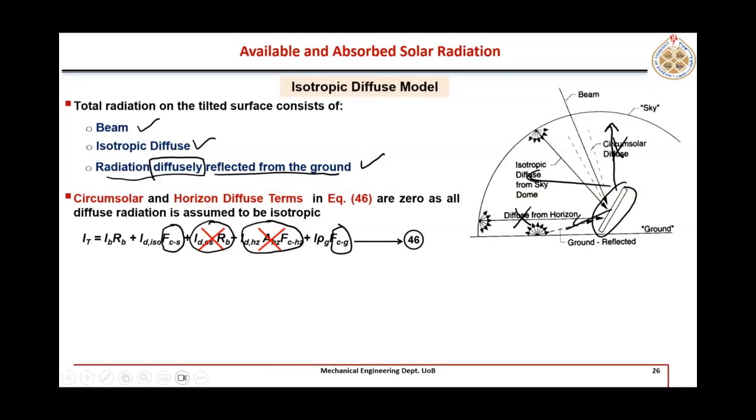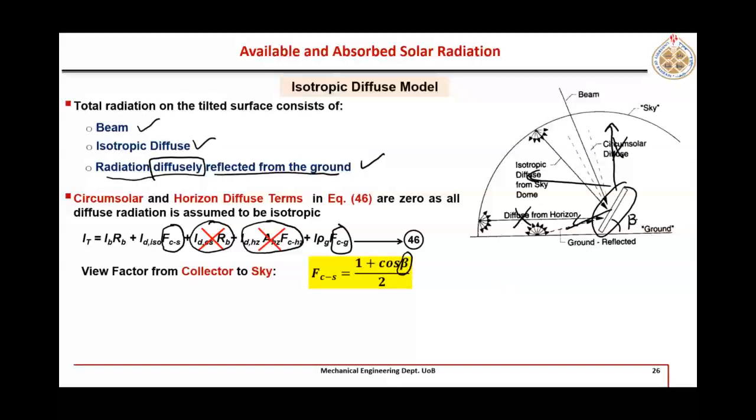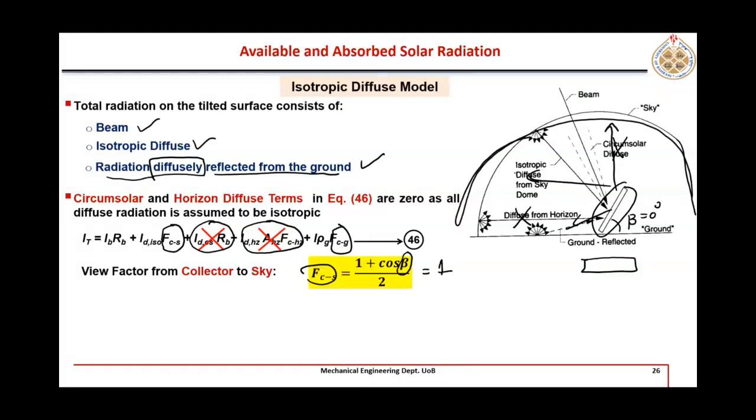Here we have equations available for collector to sky. That depends upon beta. Look, if beta is 0, it means it's a horizontal surface, so this will become 1. So if this surface is horizontal, all the radiation coming from this sky dome will be falling on it.